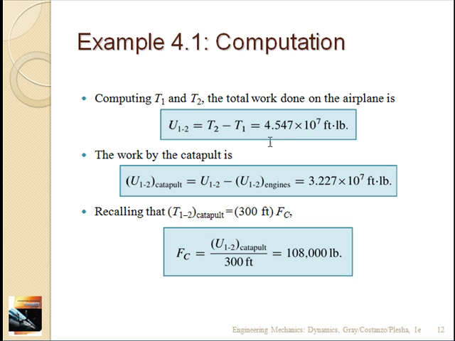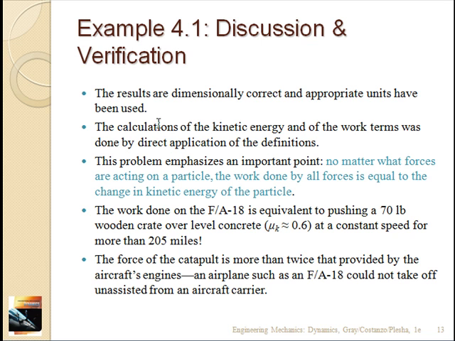The work done by the catapult then is the difference between the total and what we calculated for the thrusters. So it's the total minus what's coming from the thrusters, which is 3.227 times 10 to the 7th foot-pounds. And that's 300 FC, so FC is 108,000 pounds. It's dimensionally correct.